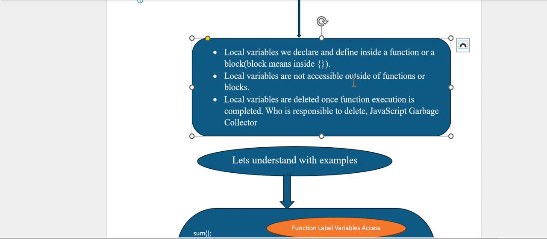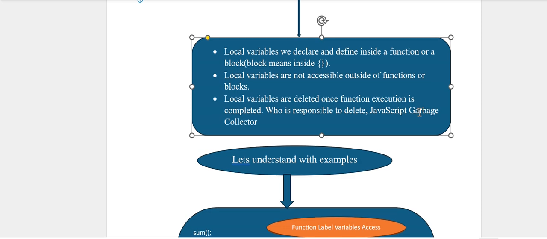The variables, logic, and everything we wrote inside that function will be deleted by the JavaScript garbage collector, because we are not using them anymore. That way speed will be faster and memory will be freed, so variables of other functions can be initialized in the stack and accessed easily.